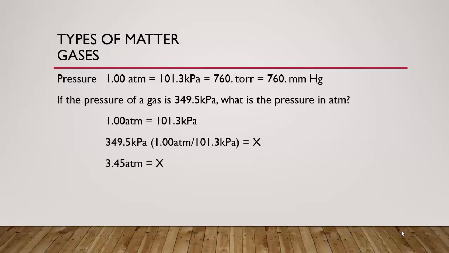So 349.5 kilopascals times 1 atmosphere per 101.3 kilopascals equals X. Do the math and you get 3.45 atmospheres equals X. So we can say that 349.5 kilopascals equals 3.45 atmospheres.